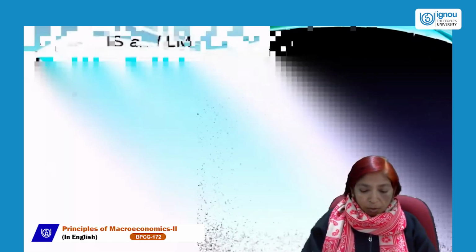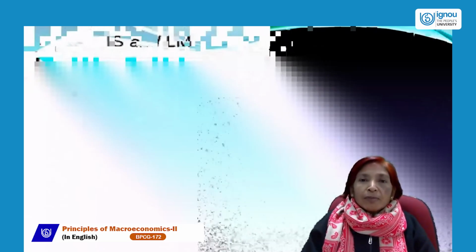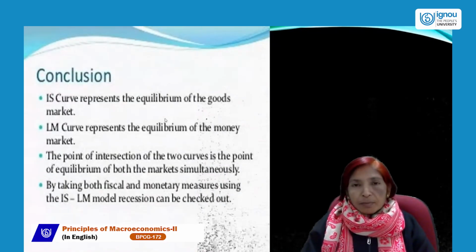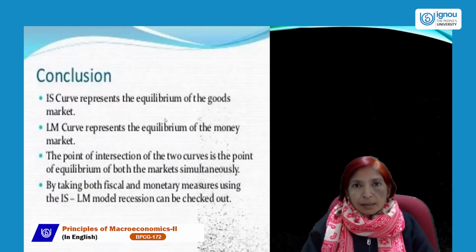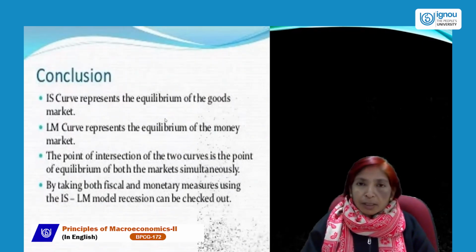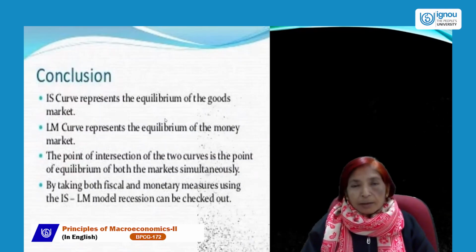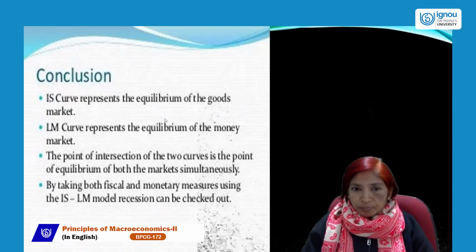Now we can conclude from today's session. In today's session, we have discussed the first topic, the IS-LM model, which was presented by Hicks and Hansen. According to modern theory, the rate of interest can be determined with the help of the IS and LM curves.